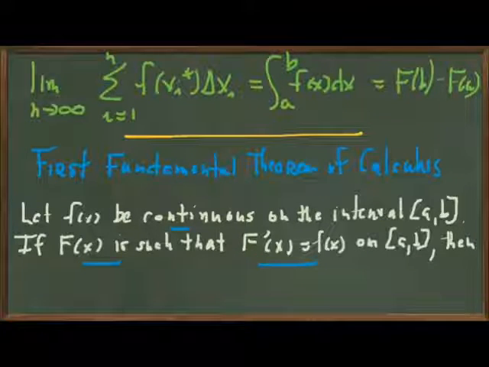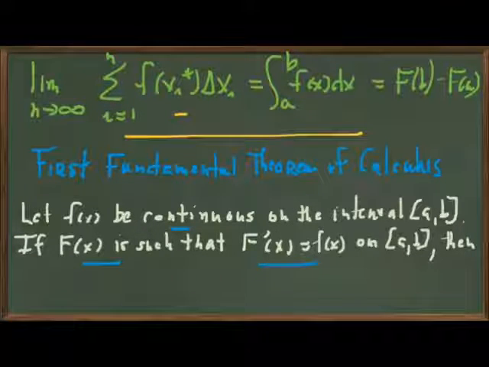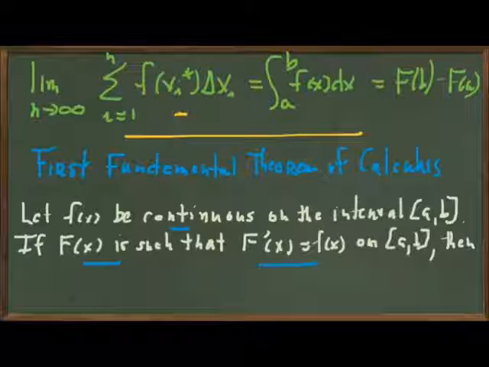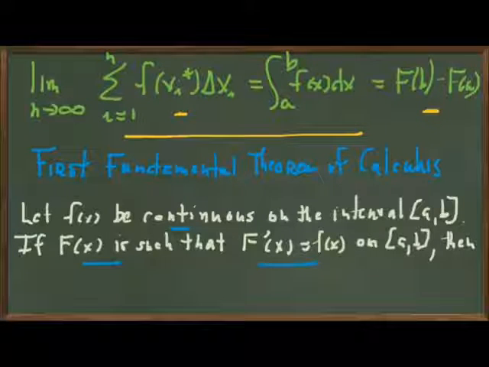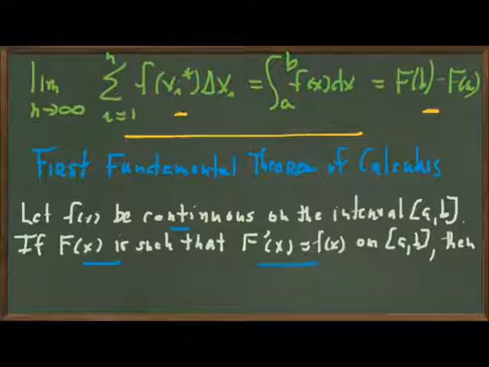And the most important point for purposes of calculating is that instead of having to use this limit definition here, we can use this to calculate the value of our integrals, which in many cases is the area under the curve. So let's prove this theorem on the next couple of blackboards.